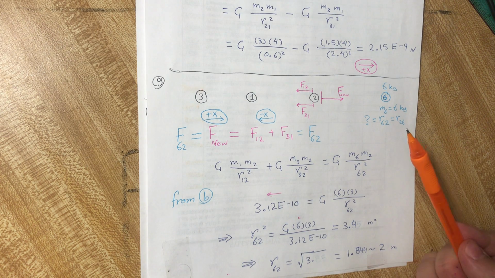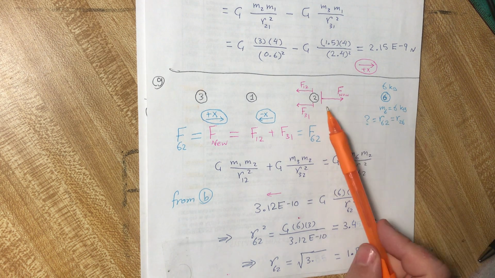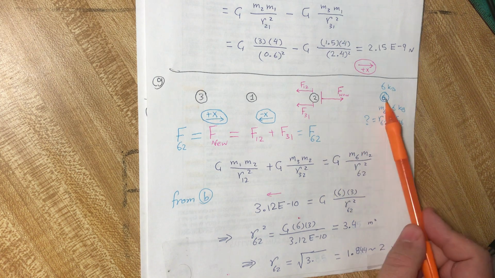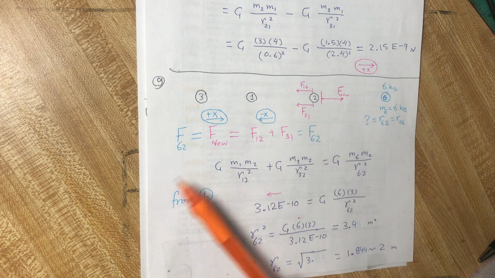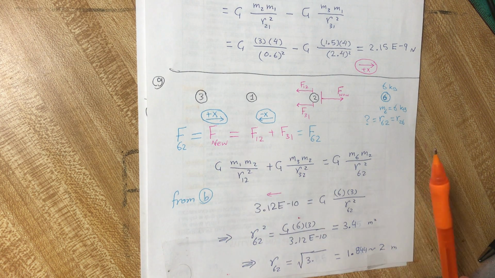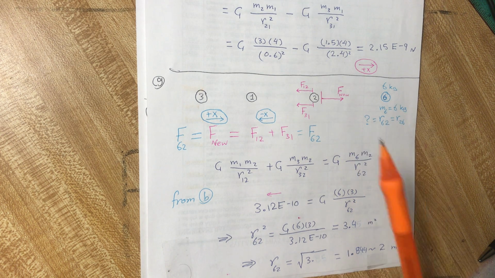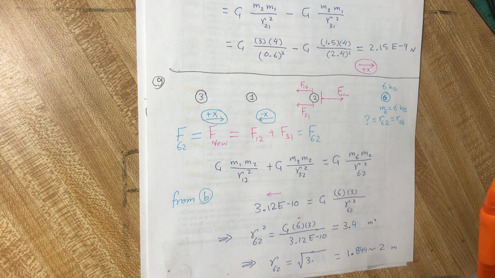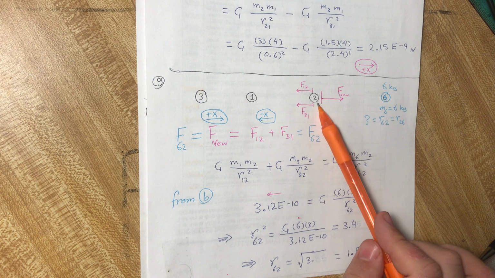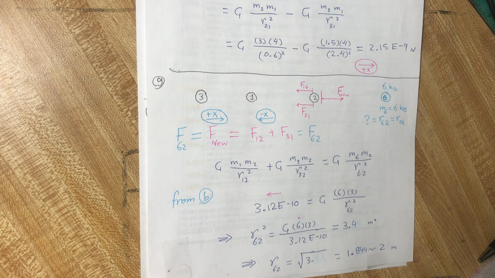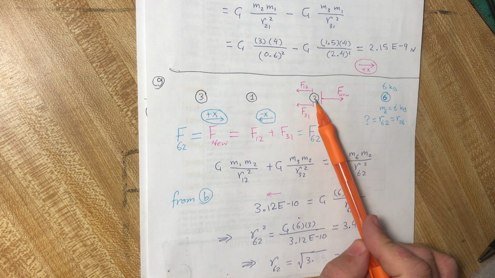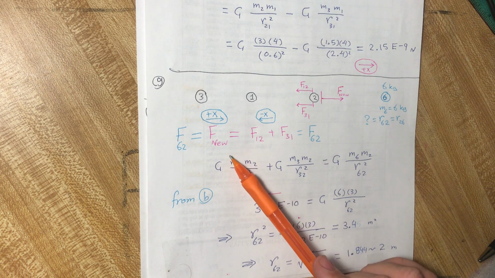I don't know its place, but I know that it is on the right of the second object. Why? Because I need the total force on the second object to be equal to 0.